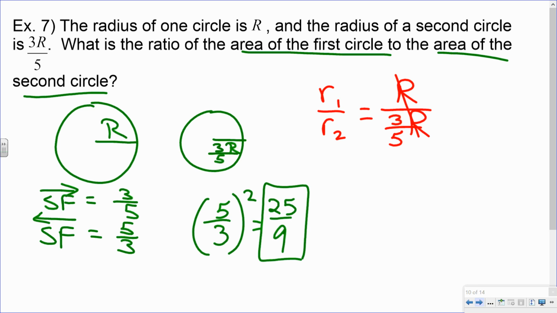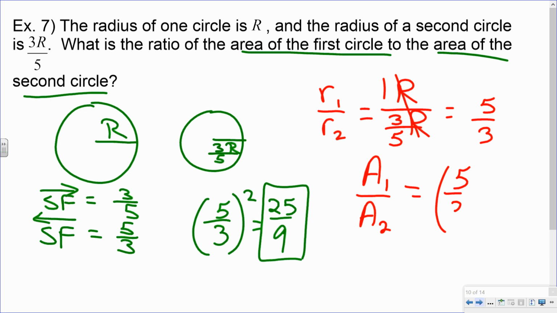My r's cancel. 1 over 3/5 is the reciprocal. 1 divided by 3/5 is 5/3. So then the ratio of the areas in the same order, first radius over second radius, first area over second area, will be this ratio squared, which is 25/9.